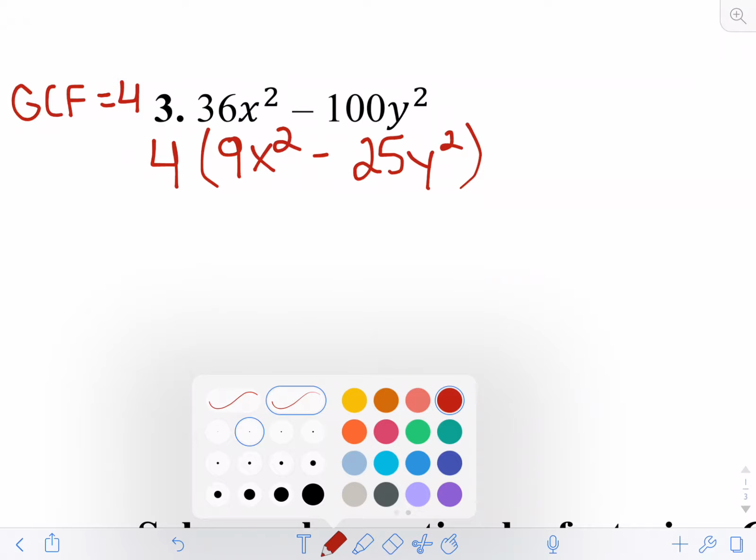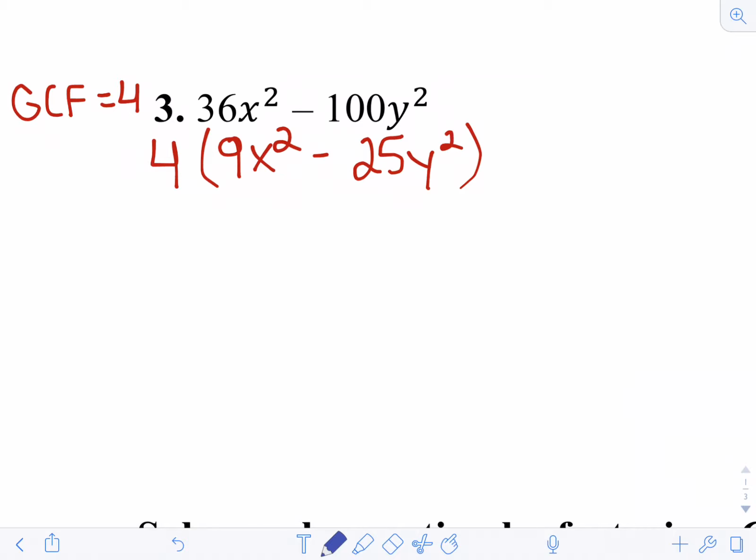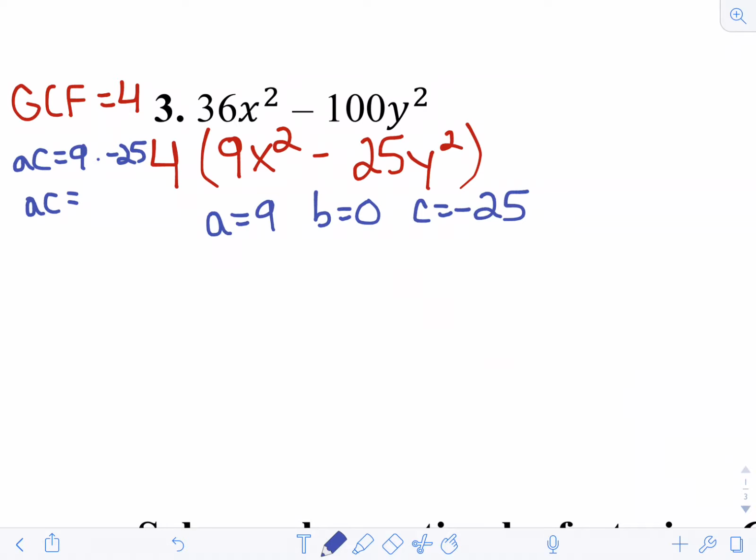So now let me label what my A and C is. For this one, A would be equal to 9. B is equal to 0, and C is equal to negative 25. So AC is going to be 9 times negative 25, which comes out to negative 225.